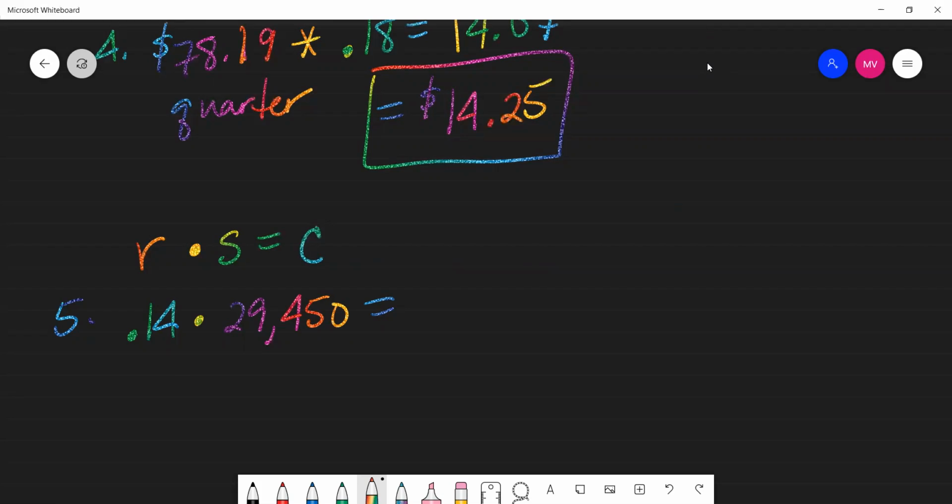So you can have like a 0.5 or something in your percent. Okay, so in this case, we're looking at commission, so we're rounding to the nearest dollar. 0.14 times 29,450, which gives us an even $4,123.